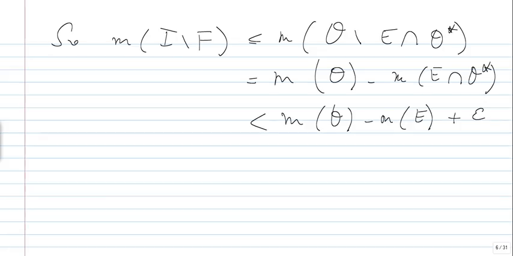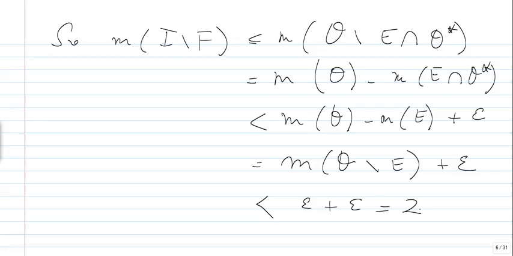Okay? And again, what is this? This is O minus E plus epsilon. And the measure of O minus E, by definition, the way we build the open set, is less than epsilon plus epsilon equal to epsilon.